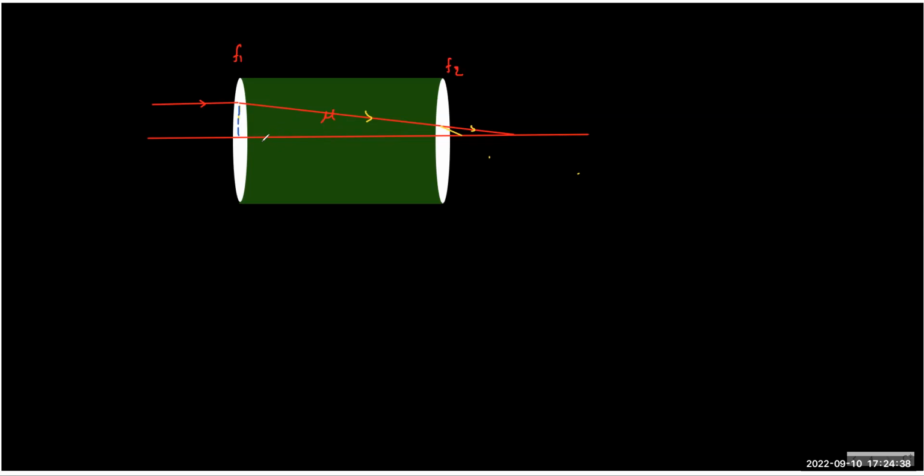So the problem is here we cannot apply the formula. Let's try to find the formula here. I haven't done this derivation before, but I was thinking of doing it.